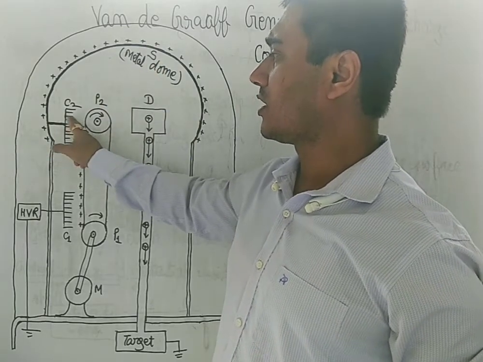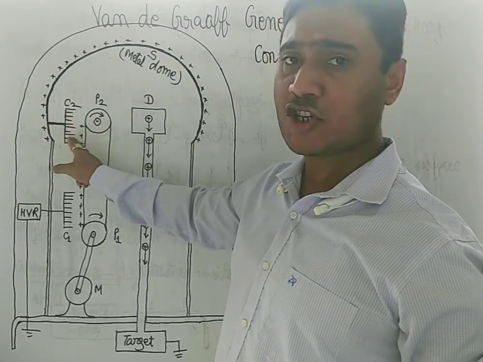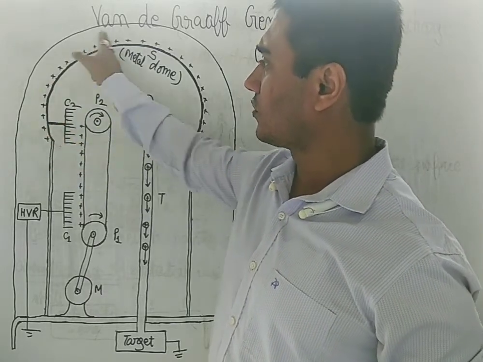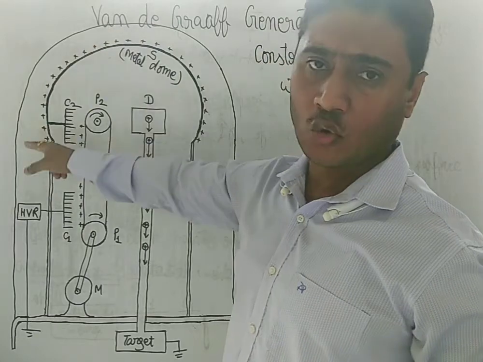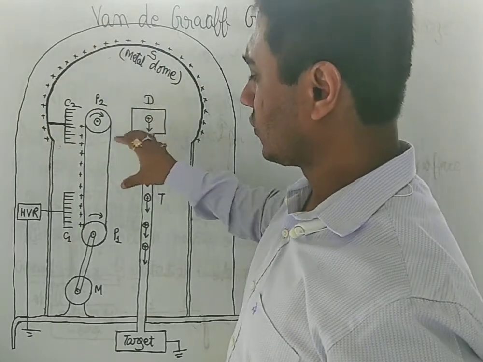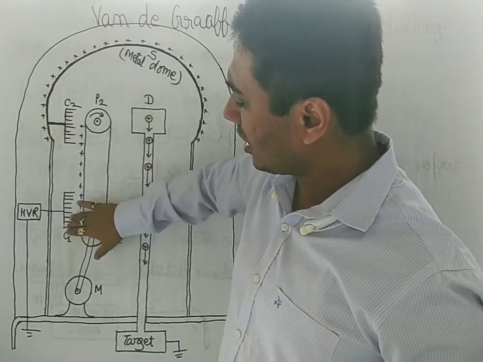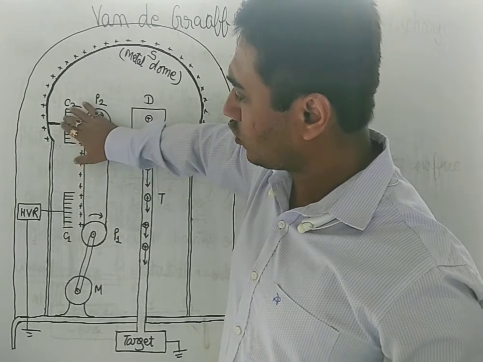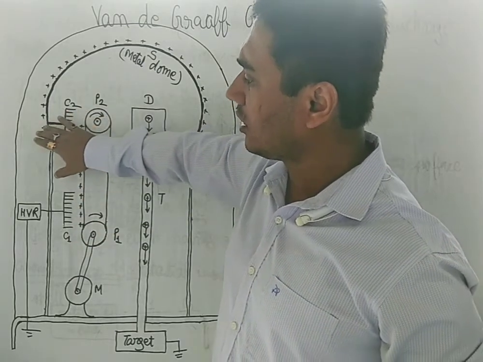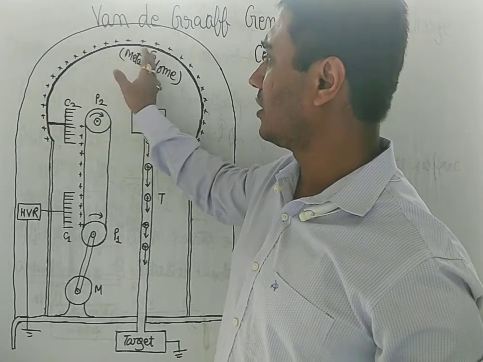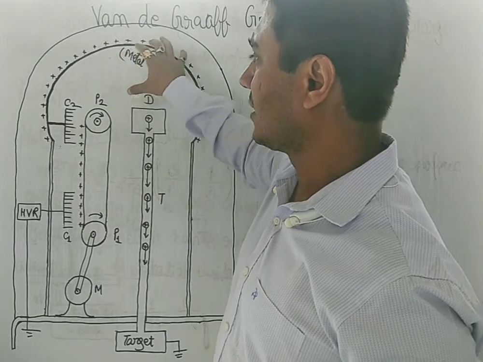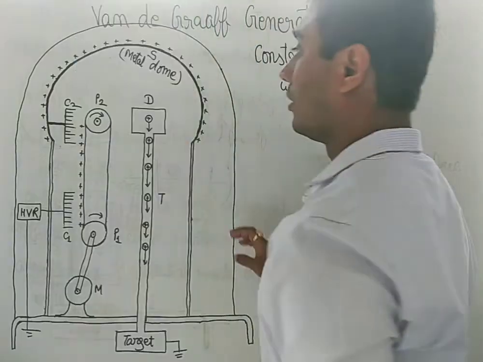They are well connected with the help of this C2, and hence these charges reach the surface of metal dome S. So this way, as more and more charges are created here and travel through the conveyor belt to reach metal spike C2, and they are well connected to metal dome S, charges get accumulated here.